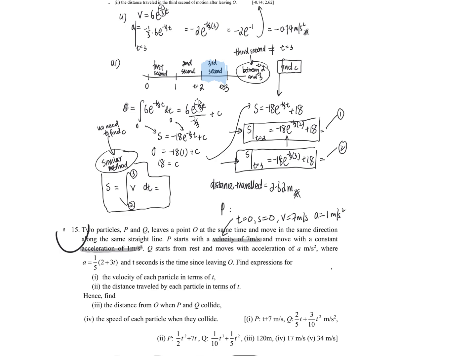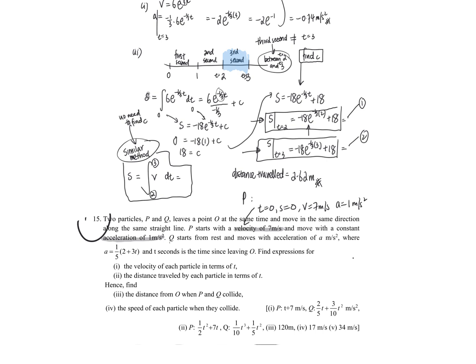But for particle Q, it starts from rest and moves with an acceleration of a. So meaning when t equals 0 and displacement is 0, velocity is at rest and acceleration is a. Okay, so that's all they have communicated to you.